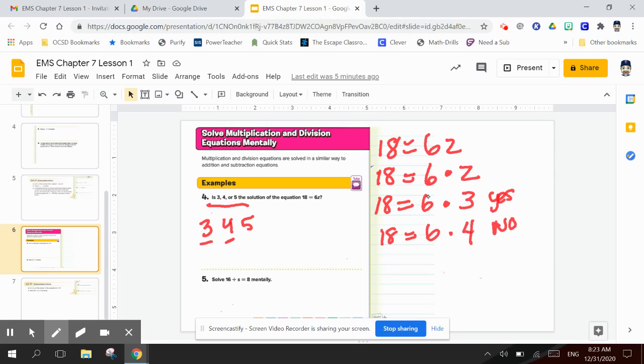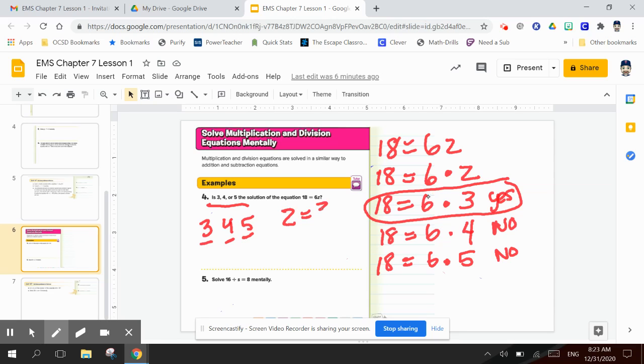Since we know 4 didn't work, we know that 5 is not going to work because that's going to be more. And 18 equals 6 times 5? Well, 6 times 5 is 30, so that means no. So the only value for z has to be 3. z equals 3.